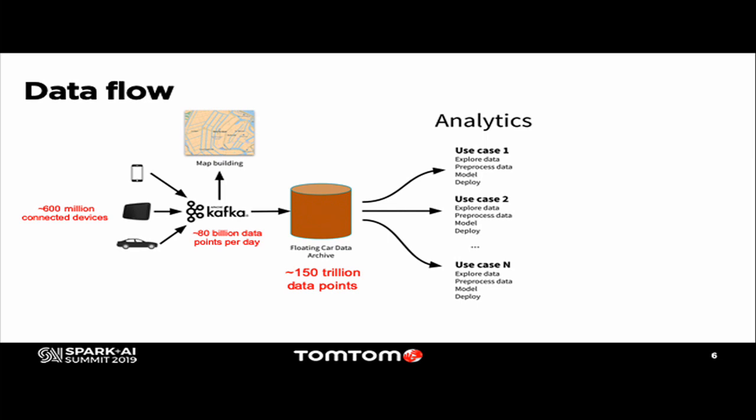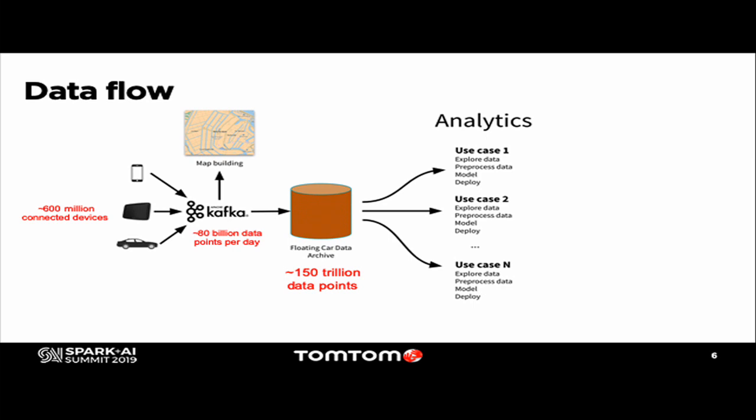So that is a lot of data. We have some teams that are listening to several Kafka topics here, and they are building their maps and their live traffic services and provide this as APIs to our customers.